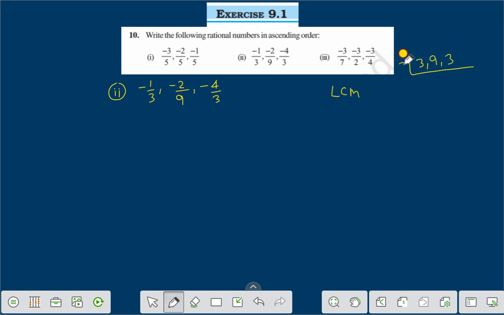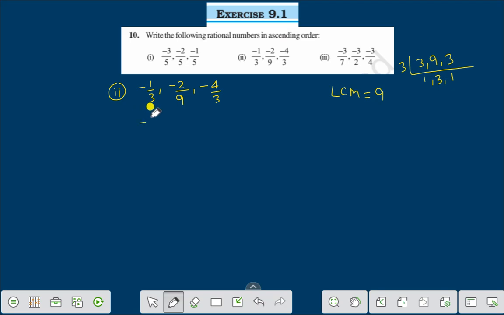We divide by 3, we are getting 3 ones are 3, 3 threes are 9. Now 3 and 3, 3 threes are 9, and 3 ones are 3, right? That means LCM is 3 into 3, that is 9. 9 is the LCM, right?